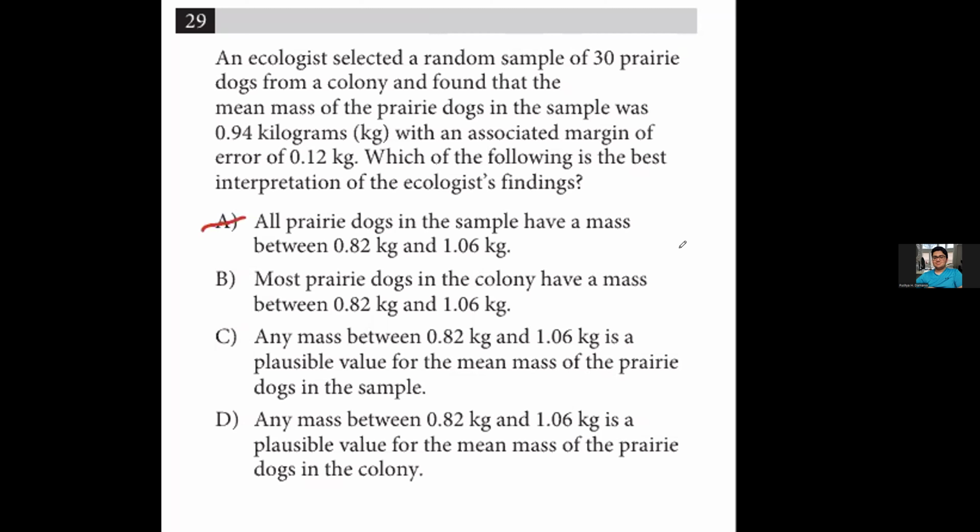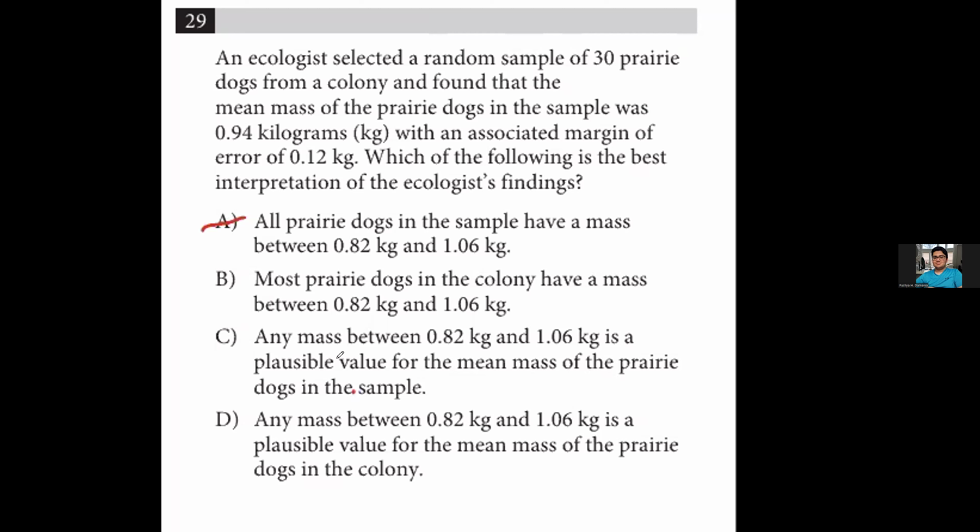Most have a mass between 0.82 and 0.16. Well, this is not the proper way to write this, as you'll see what I mean in the other answers. So any mass between 0.82 and 1.6 is a possible value for the mean mass of the prairie dogs in the sample.